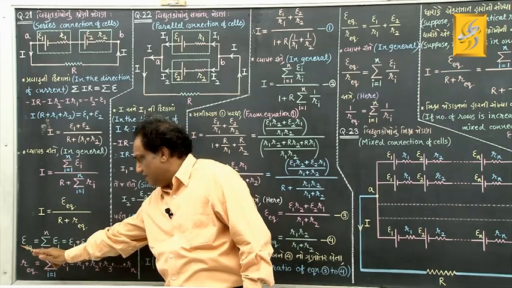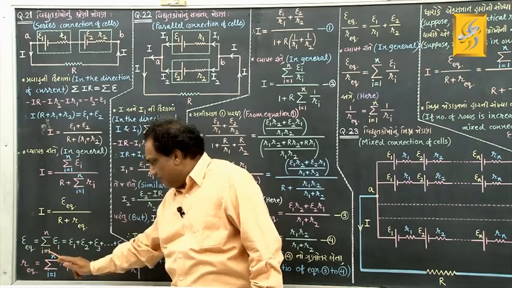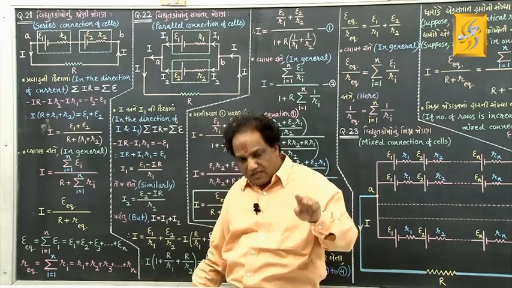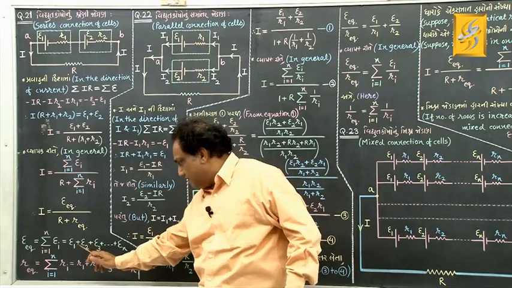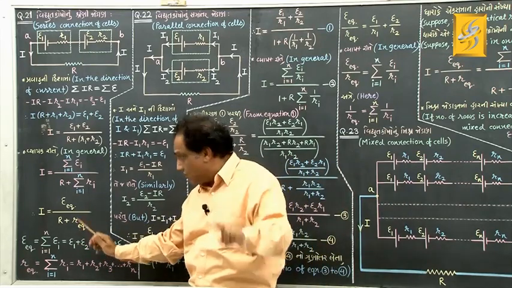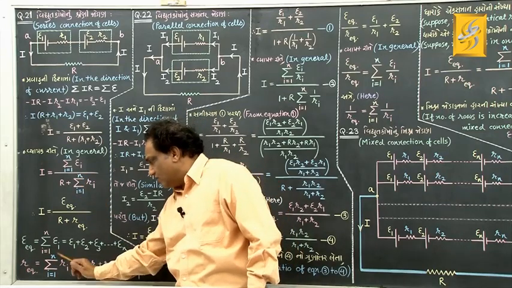So, I am writing here E_EQ means sigma Ei from i is equal to 1 to n, and sigma Ei means what? E1 plus E2 plus E3 plus ... plus En. Similarly, small r_EQ is placed for this term, and that is sigma ri from i is equal to 1 to n.